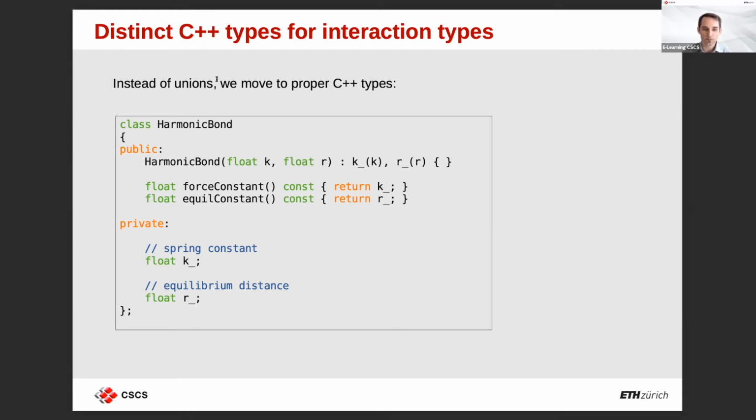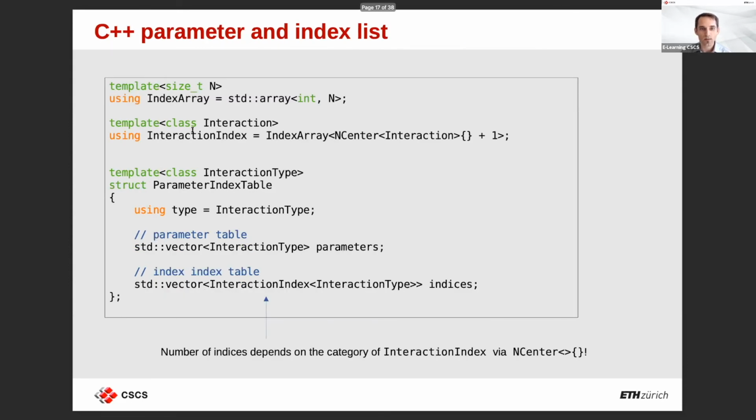So for each of the 30 interaction types, we're going to have a separate class or struct. And then second, there's now a way that we can also make the parameter and index tables type aware. So instead of just storing the unions in the parameter table, we actually store a separate table for each interaction type.